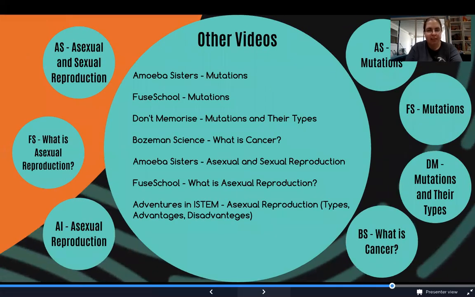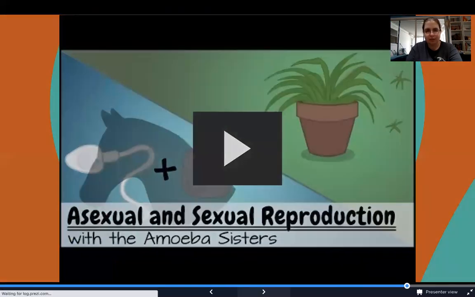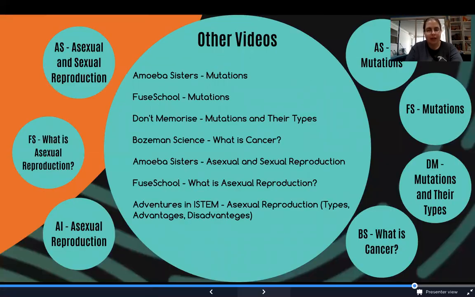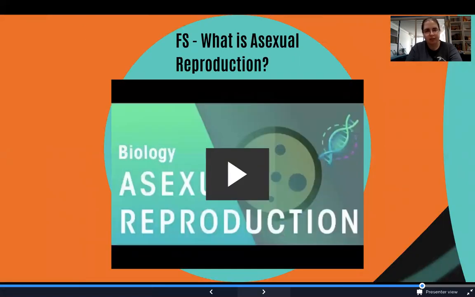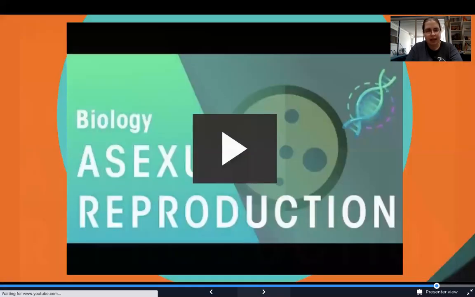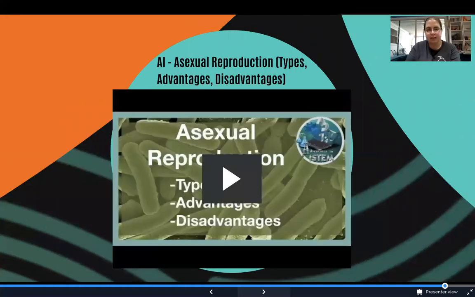We have the Amoeba Sisters, asexual versus sexual reproduction. We have Fuse School, what is asexual reproduction? And we have Adventures in iSTEM, asexual reproduction, types, advantages, and disadvantages.